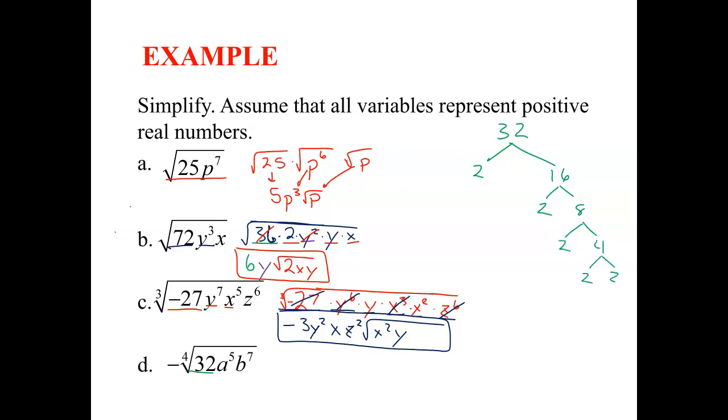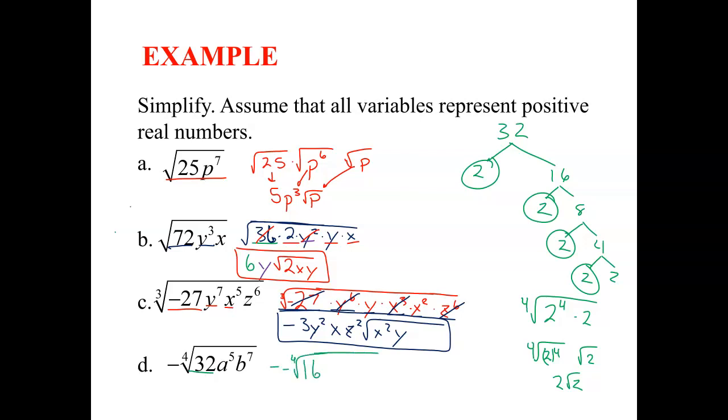And since we're dealing with fourth root, I want 4 common factors. Okay, so 2 times 2 times 2 times 2, that's 2 to the 4th times 2. If I want the fourth root, I just take the fourth root of 2 to the 4th, and I leave the 2, giving me 2 fourth root of 2. Okay, that's what we're going to do here. So 16 is my factor.